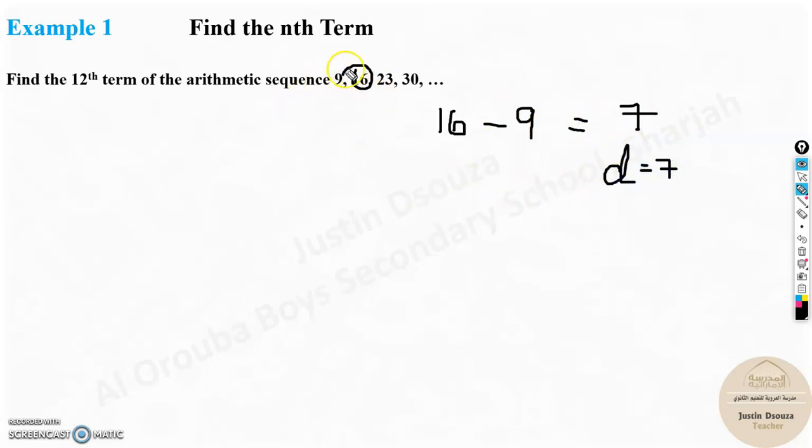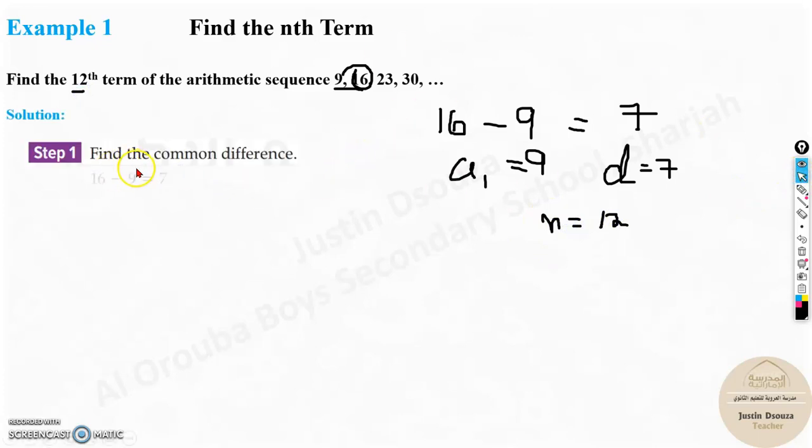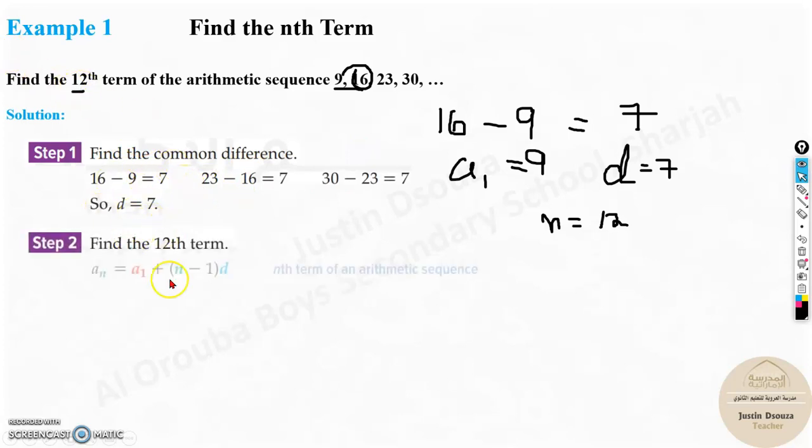Okay. What is the first term over here? a1 is 9. What is n over here? n is 12. Now, with this information, you can easily use the formula and solve for the 12th term. To find the 12th term, you need to use an equals a1 plus n minus 1 times d. n is known, a1 is known, d is known.